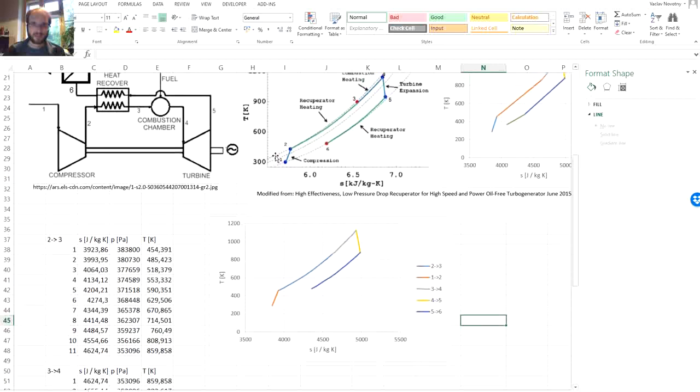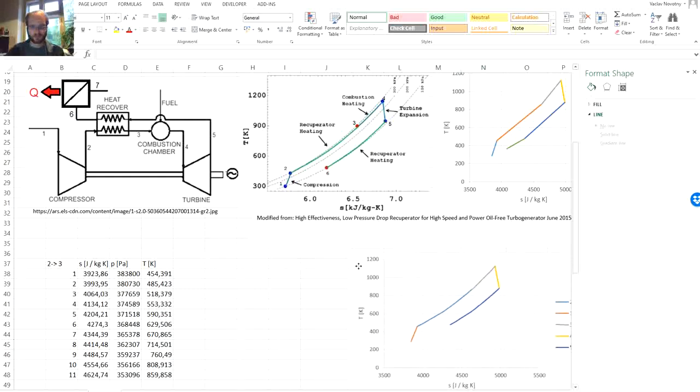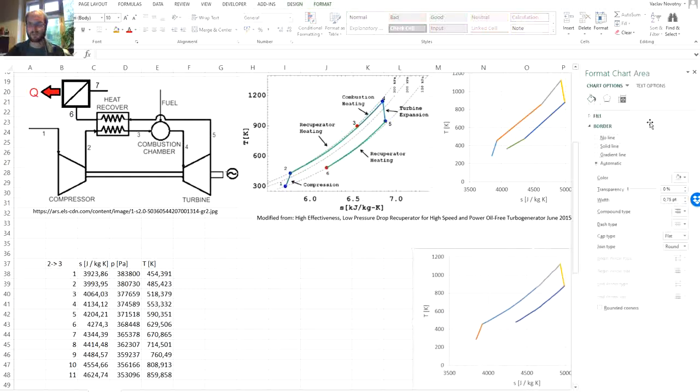Now let's also see how the isobars look, for example the isobars that touch the point in here and here. So let's move our diagram a little bit further.